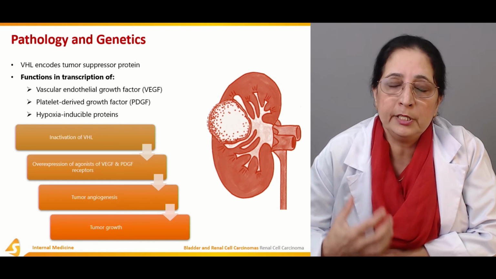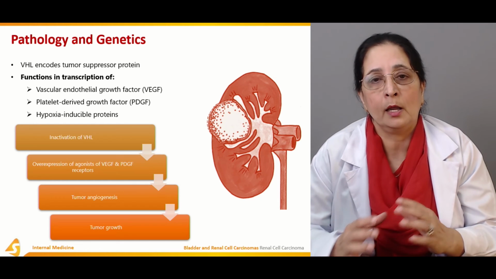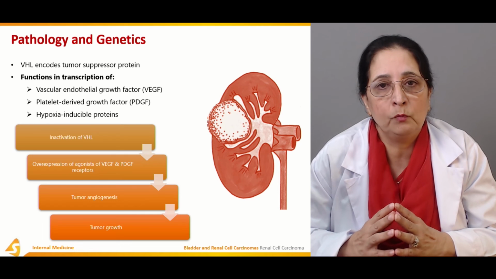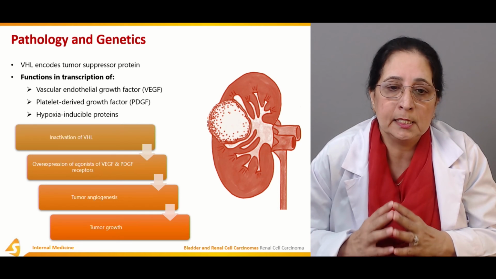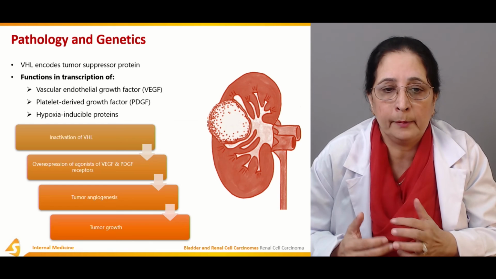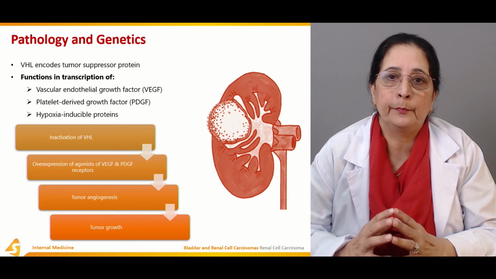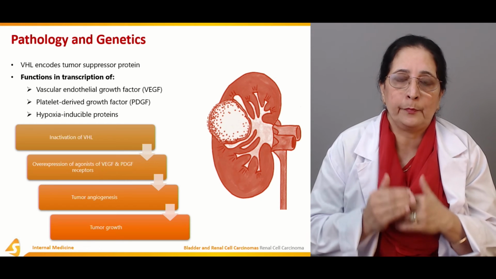So this is the pathology associated with renal carcinoma, and we said that it is very commonly associated with von Hippel-Lindau disease. And then what happens in von Hippel-Lindau? It encodes a tumor suppressor protein, the protein that helps in tumor suppression.